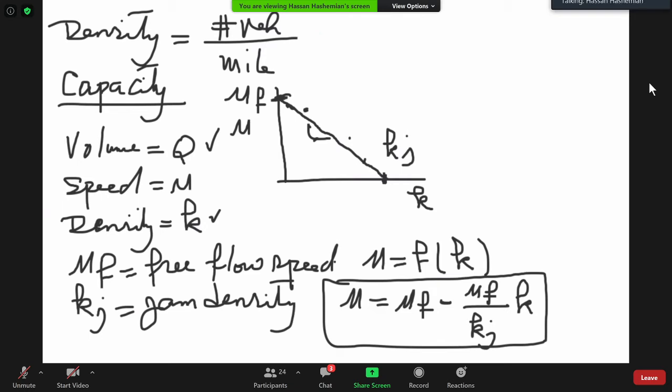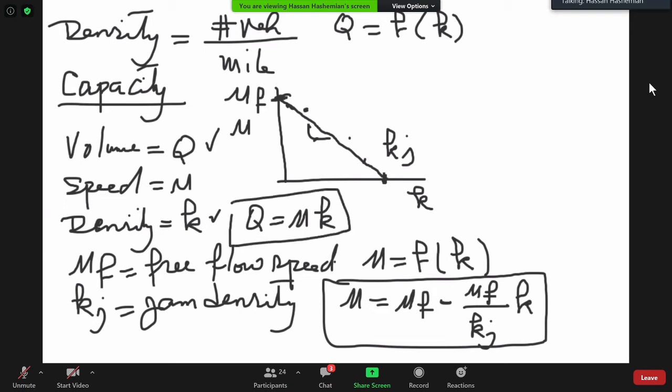So I want to write the equation of Q as a function of K. In general, we knew that volume is equal to speed times density. This we always know, that volume is equal to speed times density. Obviously, this is a speed, but this is a space mean speed.